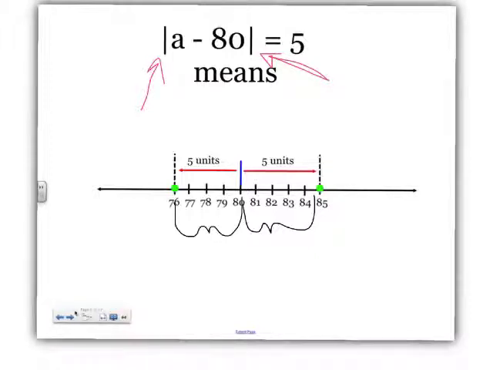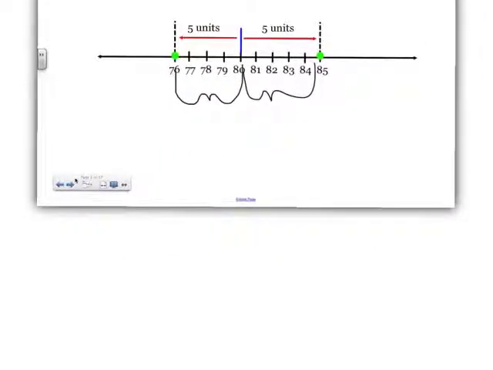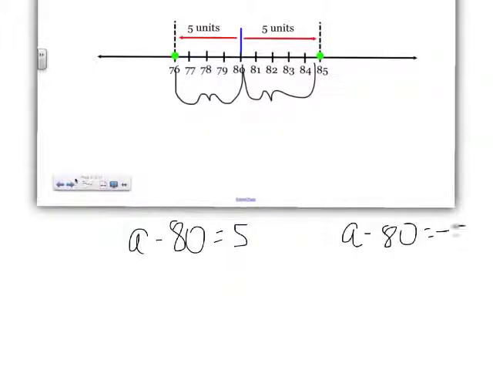Therefore, the way we would actually write this would be a minus 80 equals 5, and a minus 80 is equal to negative 5, because the distance could either be a negative 5 or a positive 5, depending on what a is.